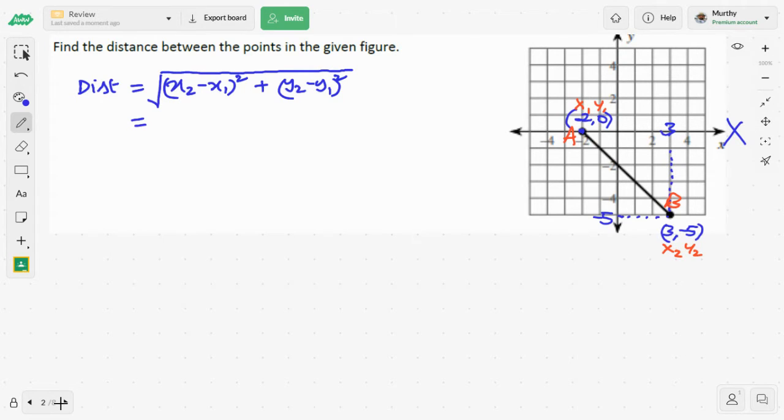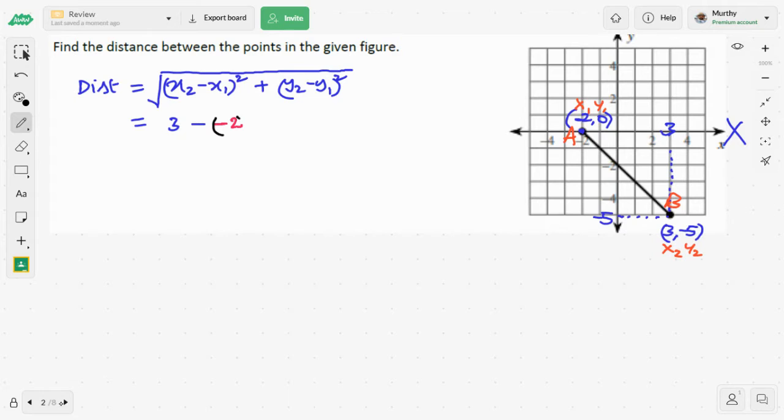The value of x2 is 3 and the value of x1 is -2. This is the tricky part. Here I see double negative signs.